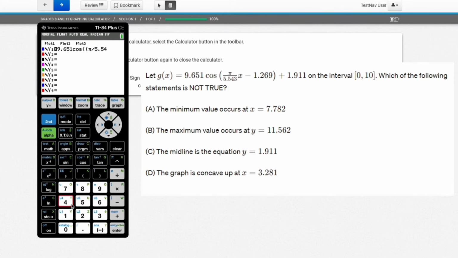So that's me plugging that in. That's me ending the fraction, and that's me putting in x. Now I need to subtract 1.269, so minus 1.269. I'm going to close that parentheses, and I'm going to add 1.911.